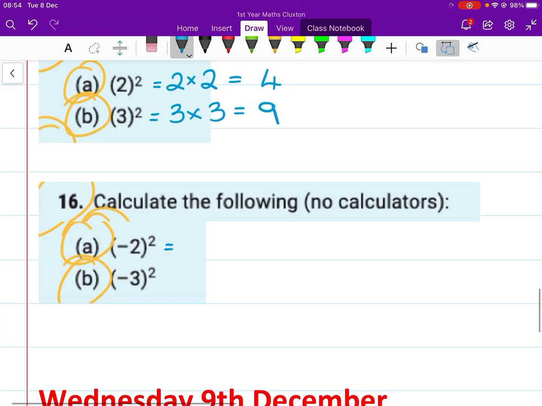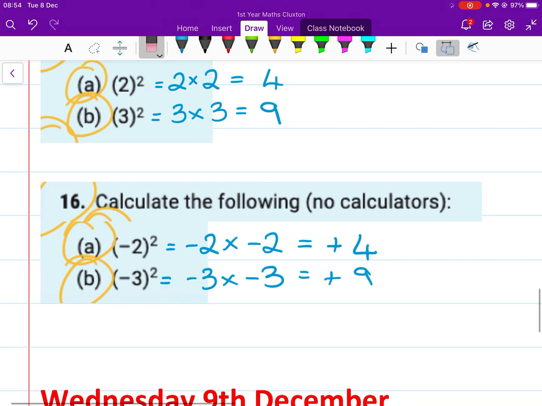This one here, this time it's two minus 2's, so it's going to be a minus 2 and a minus 2, and I multiply them. These signs are the same, which means I get a plus, and 2 by 2 is 4. And then up here, I have minus 3 by minus 3, which is plus 9. And again, you can put the pluses in, or you can take them out.